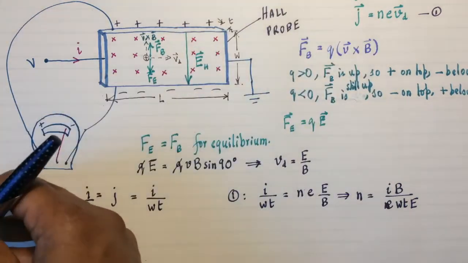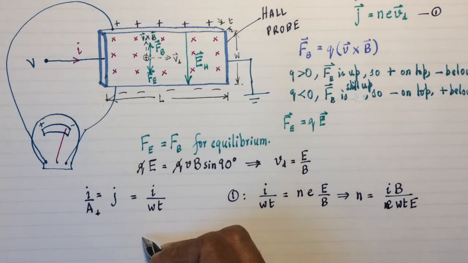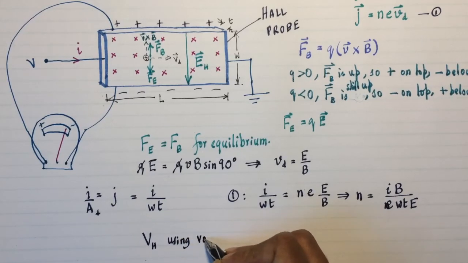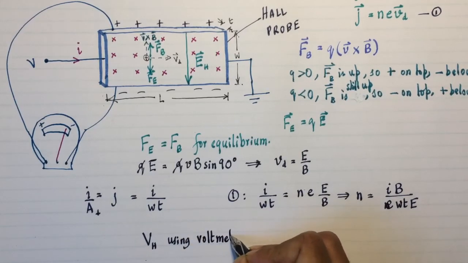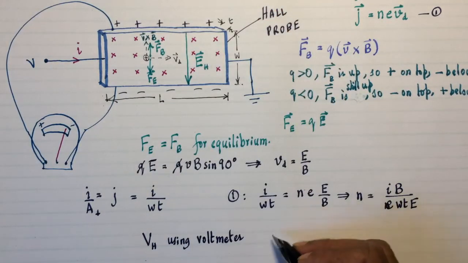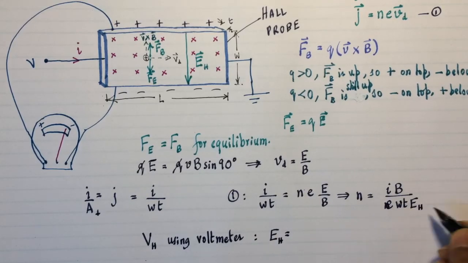So you throw out the galvanometer and substitute a voltmeter in its place, and that's called the Hall voltage. So you measure the Hall voltage VH using a voltmeter, and of course over the small distance the electric field is pretty constant, so we can use the fact that the electric field E is the Hall electric field EH.